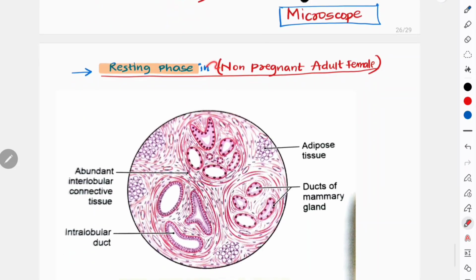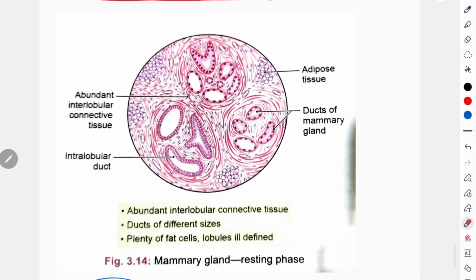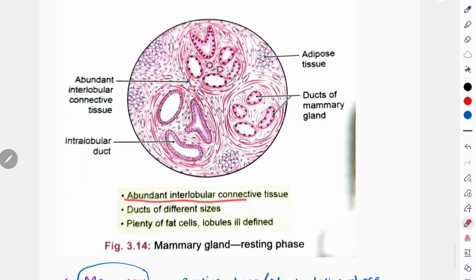In the resting phase, in a non-pregnant adult female after puberty, you can see abundant interlobular connective tissue and ducts of different size.